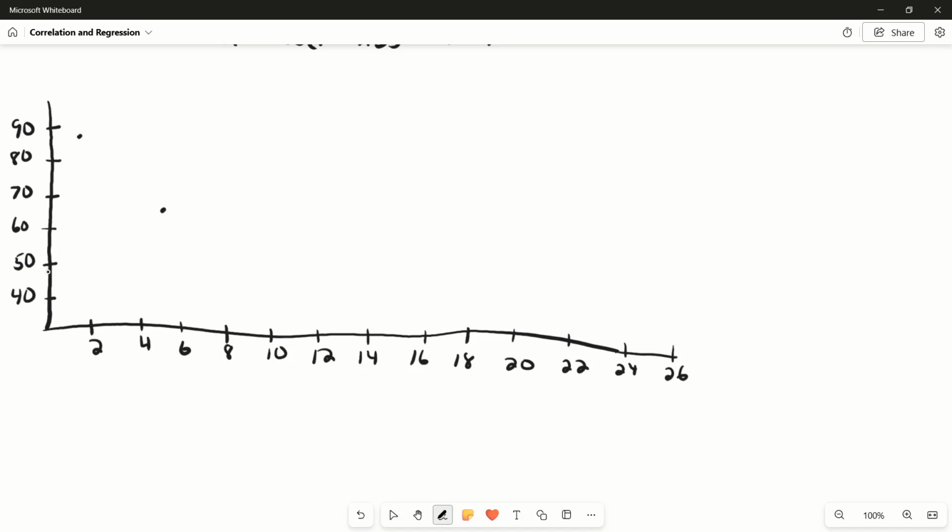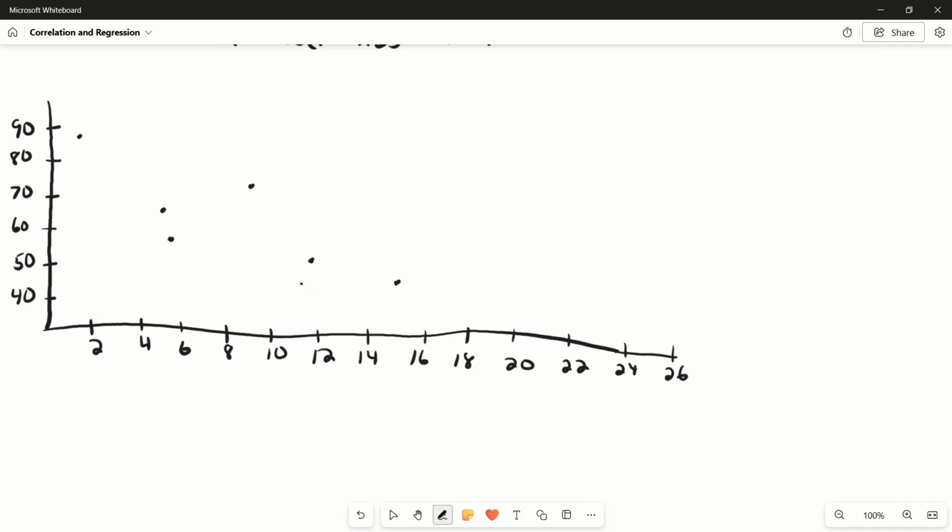Then I do 12 comma 50. So 12 here, 50 here, put another dot. And I keep doing the same thing for all 8 pairs of points. 9, 71 goes right here. 15, 44 goes between 40 and 50, like that. 6, 56, and then 56 is below 60.